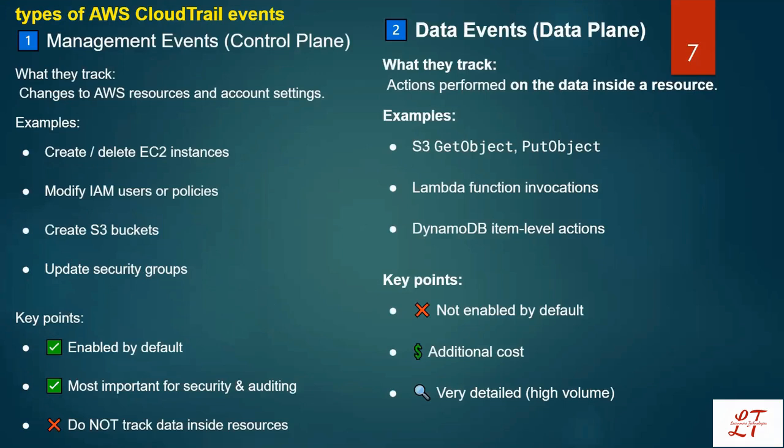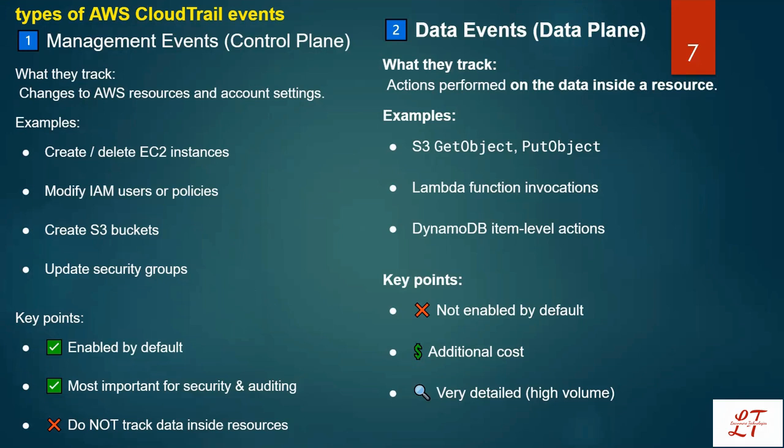So coming to the types of AWS CloudTrail events, there are three types. The first type is the management event. CloudTrail tracks whatever changes are happening to AWS resources and account settings. For example, when an EC2 instance gets created or deleted, when IAM users or policies are modified, when an S3 bucket is created, and when a security group is updated.